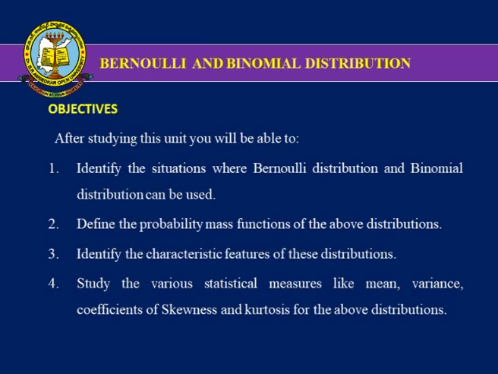The third objective is to identify the characteristic features of these distributions. And the fourth one is to study the various statistical measures like mean, variance, coefficients of skewness and kurtosis for the above distributions. That means, we are going to discuss the above objectives of these two distributions, Bernoulli and binomial distributions.